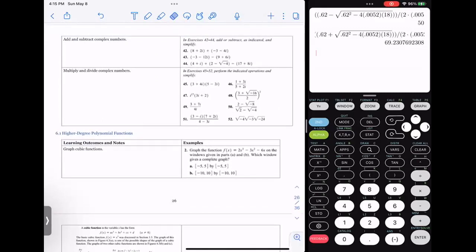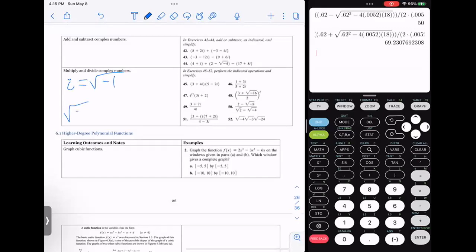You remember what i is? It's an imaginary number. Well, we define i as the square root of negative 1. That's just what the number i is, okay?